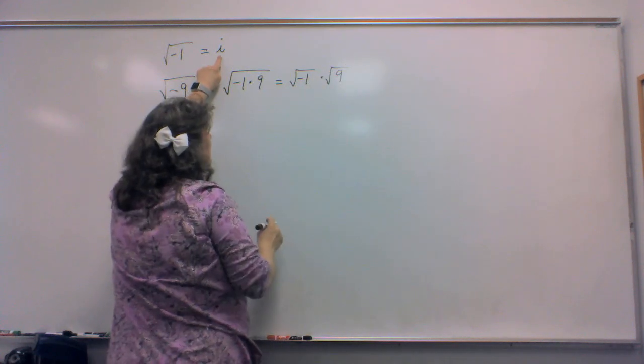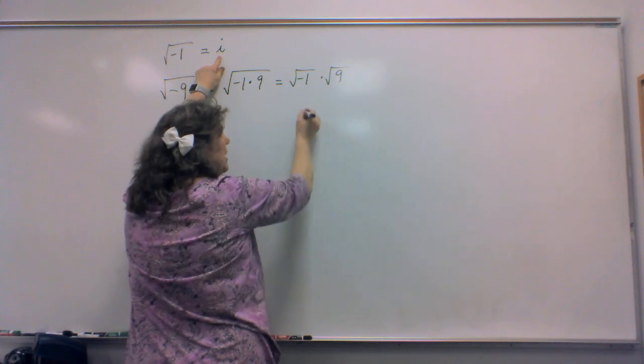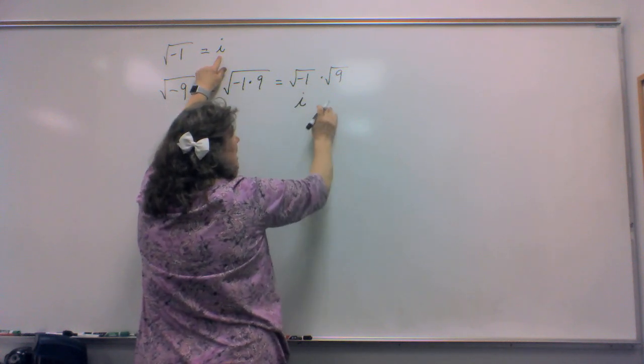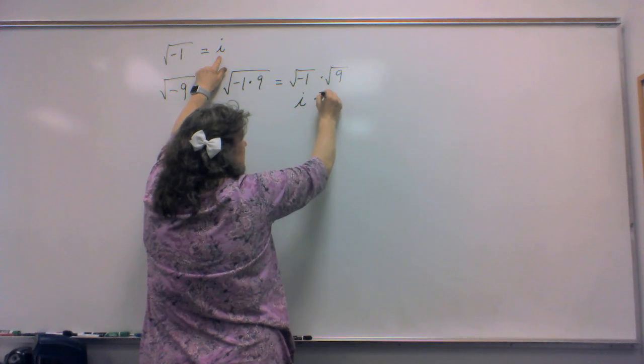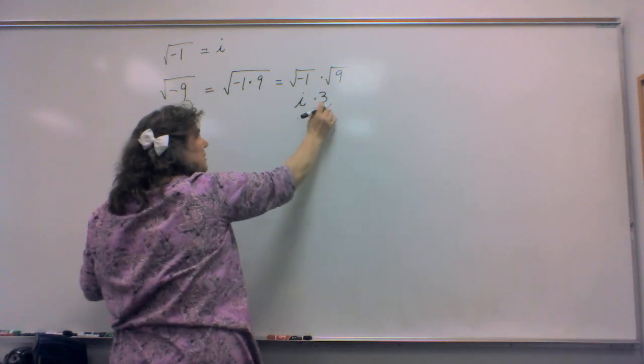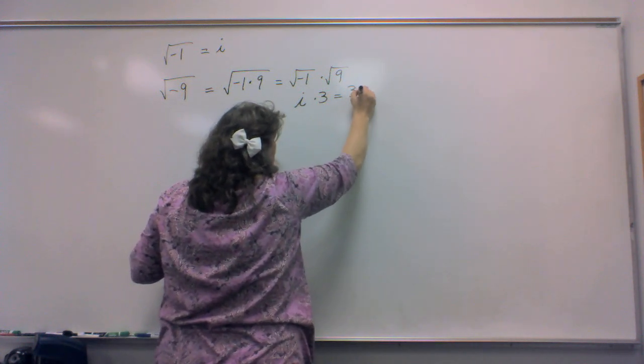Well, you know right here that the square root of -1 by definition is I, and the square root of 9 is 3. So as long as this is a whole number, we would write this as 3I.